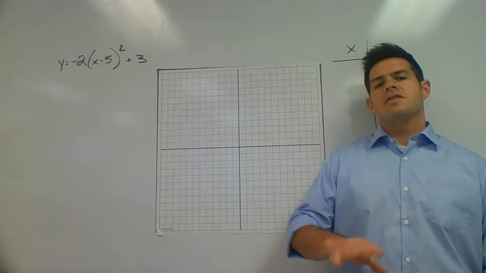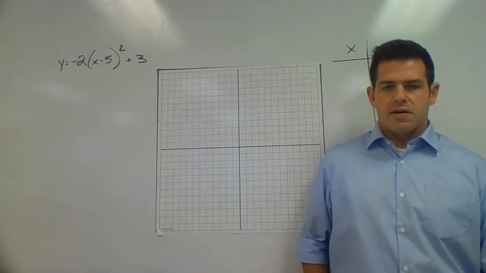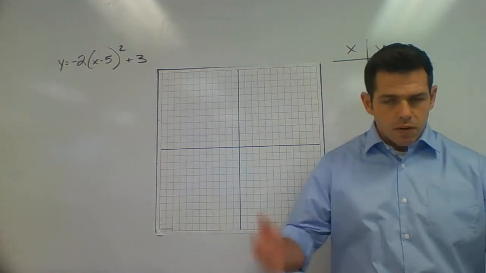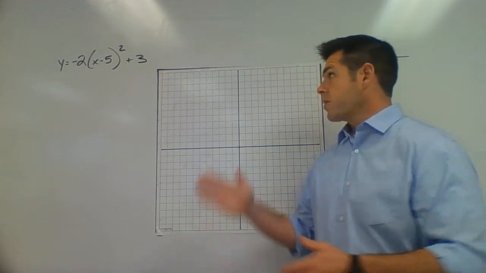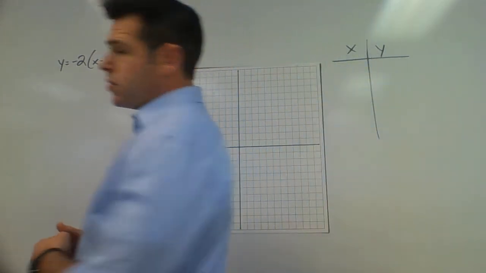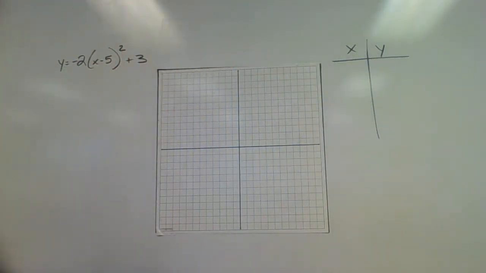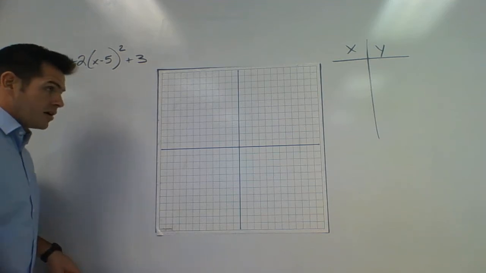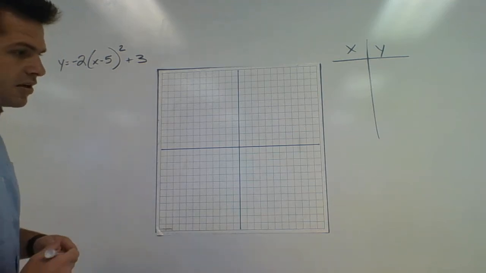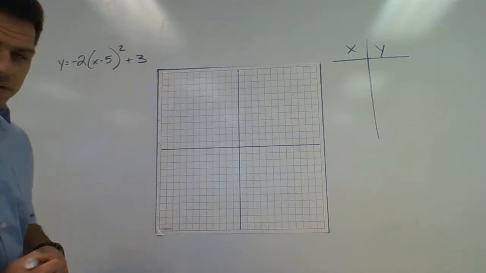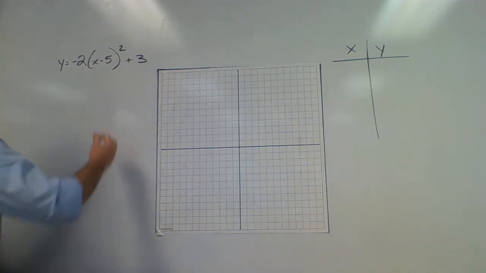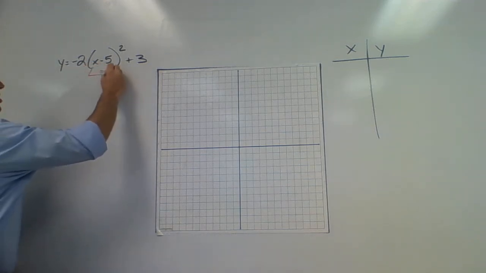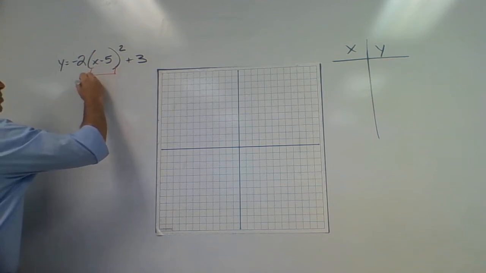So with that being said, the very first thing we want to check out, if it's in vertex form, of course, would be the vertex. So we're going to come over here. We have -2 times the quantity x minus 5 squared plus 3. And right from the get-go, hopefully this is not a terrible thing to figure out at this point, what the vertex would be. We look inside this parentheses here, and we have x minus 5.